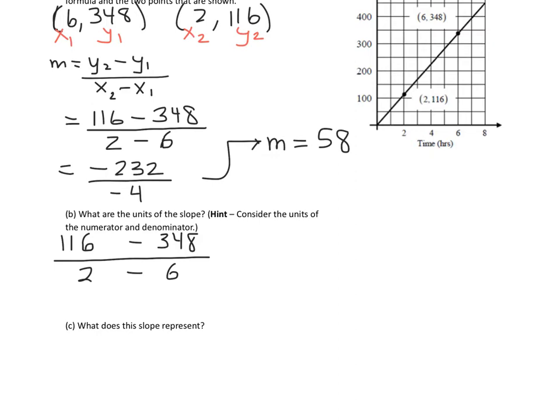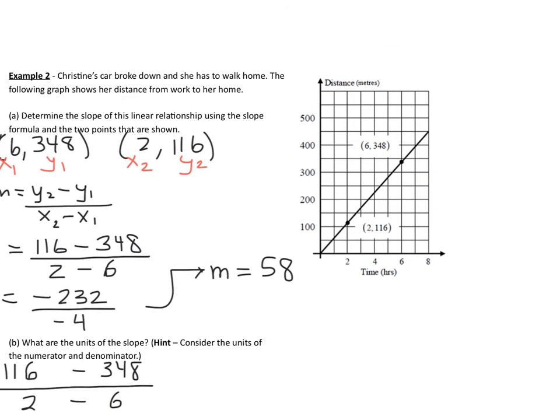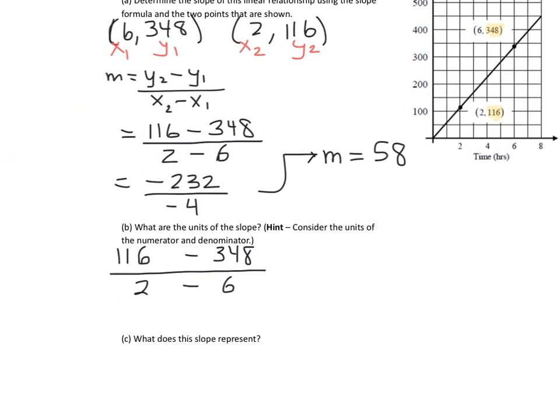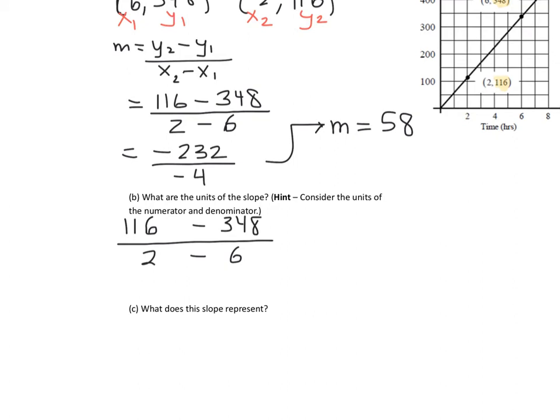So if we were to look at our graph, everything that was plotted on the y-axis was actually representative of a distance that was measured in meters. So that means the y values of my coordinate points were distances that were measured in meters. So now, going back to my slope formula, I can actually put those units in. So 116 was actually 116 meters, and 348 was actually 348 meters.